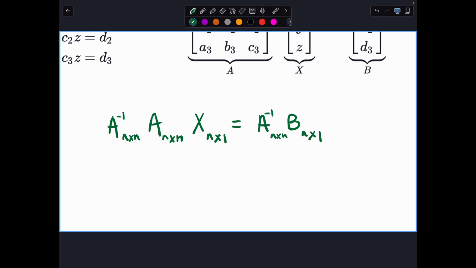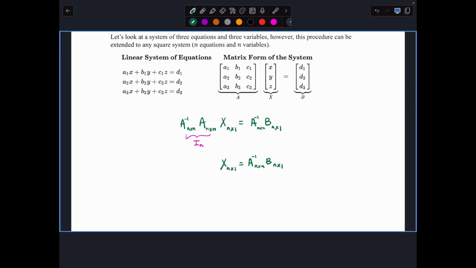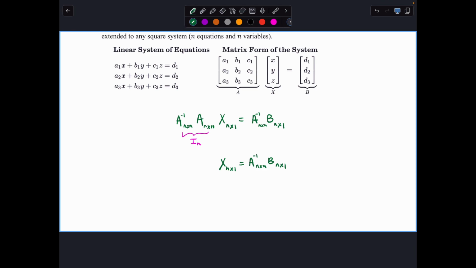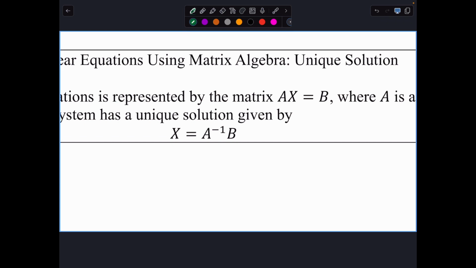So if we do that, this turns into I sub n, meaning that X is equal to the product of A inverse times B. So that's our method for solving the system: we need A inverse.